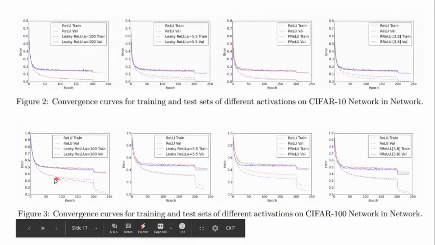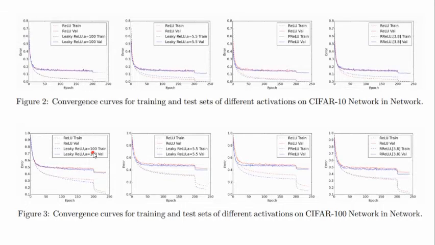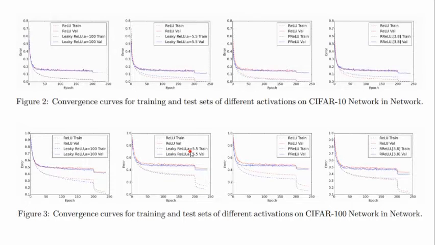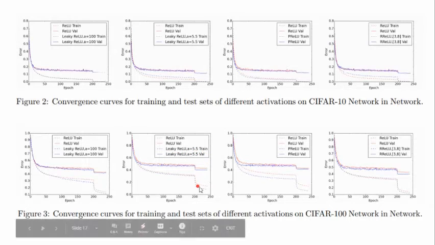We can see a similar trend in the CIFAR100 network in network model as well. As you can see over here, the ReLU in training, when Leaky-ReLU is set to alpha 100, performs similarly to normal ReLU, but Leaky-ReLU when alpha is equal to 5.5 performs slightly better.